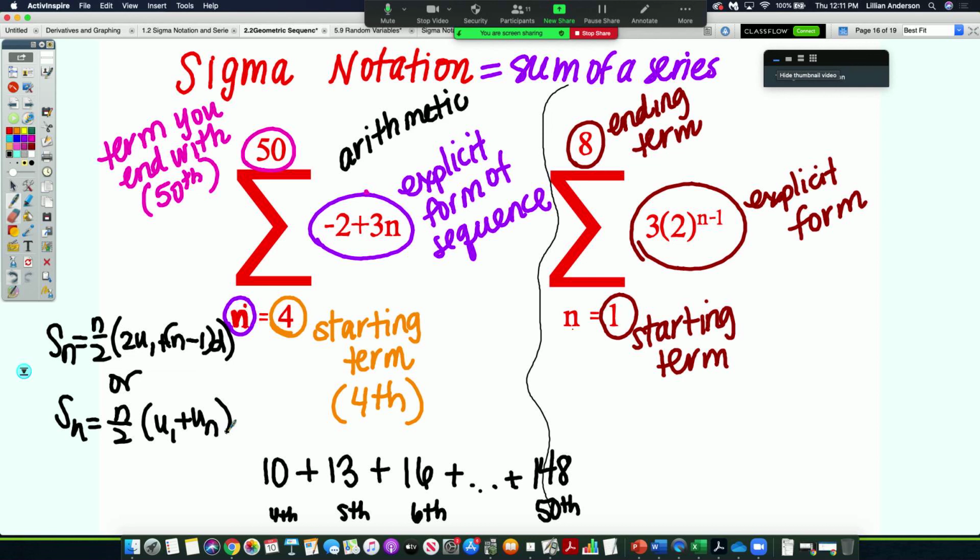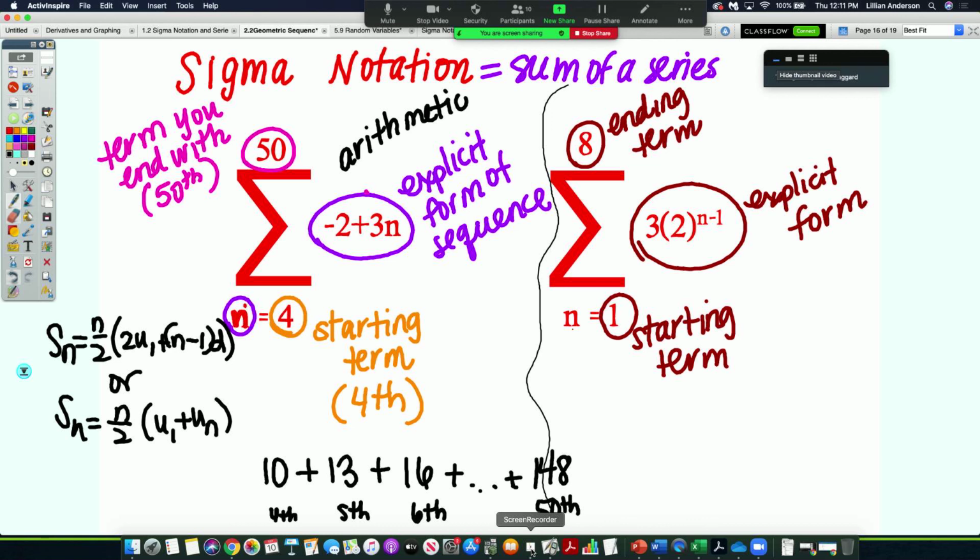How many terms am I adding if I start with my 4th term and go to my 50th term? 46? Careful.